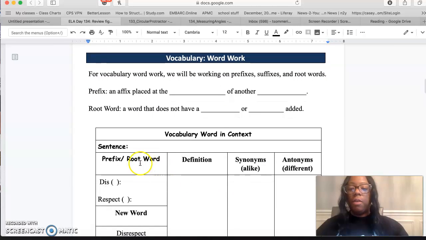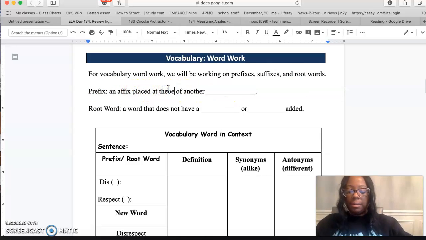Vocabulary time. For vocabulary word work, we will be working on prefixes, suffixes, and root words. Prefix, an affix placed in the beginning of another word. Make sure you fill that in.